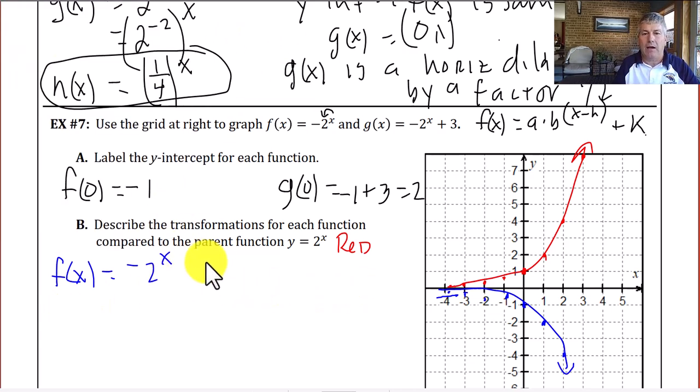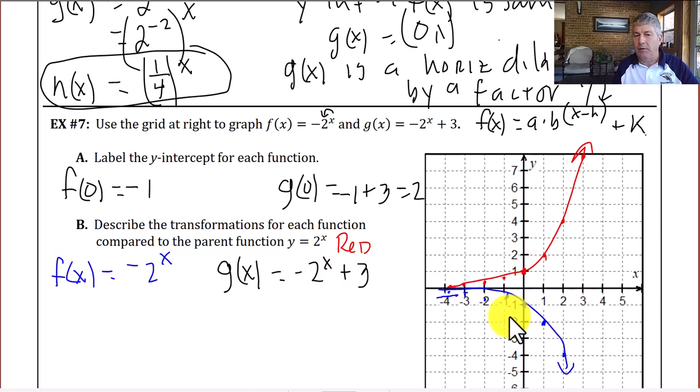And in black we'll do g of x equals negative 2 to the x plus 3. So it's going to be the same as the blue graph, but we're going to shift up 3. So I'm going to call it the blue plus 3. Each one of these points is going to get shifted up 3 units. 1, 2, 3.